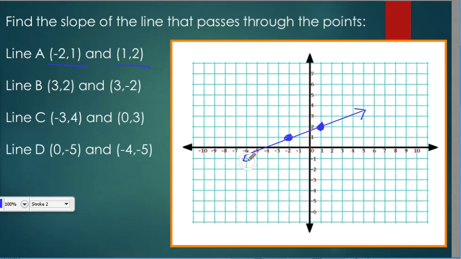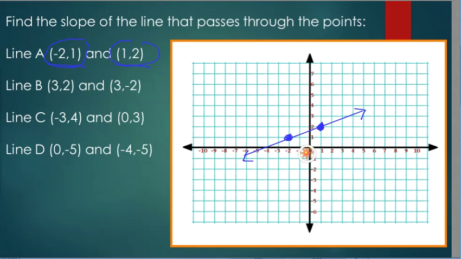Okay, so if we want to find the slope of this line, once we plot our 2 points, which we did, our next step is to count the change in y. So to get from here to here, how much did we have to change vertically?